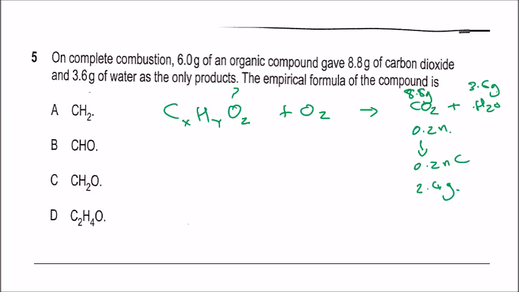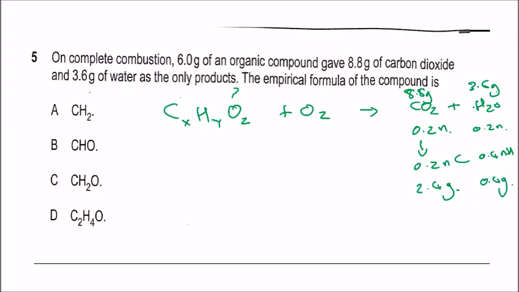Over here I have 3.6 divided by 18, so I have again 0.2 moles of water. Now there's 2 moles of hydrogen per mole of water, so if I multiply that by 2, I have 0.4 moles of hydrogen in there. The RFM of hydrogen is 1, of course, so that tells me I've got 0.4 grams of hydrogen in here.